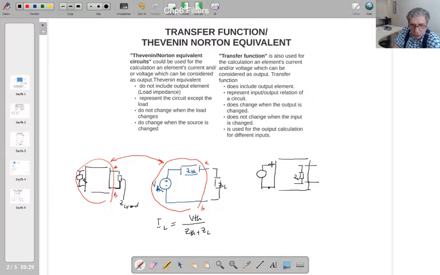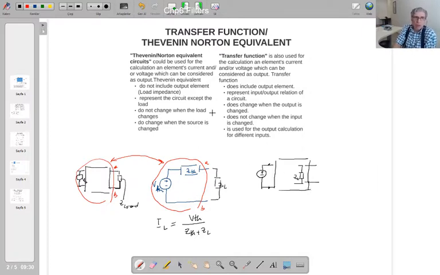Once you do the transfer function, by multiplying the transfer function with this independent source, you can find the output. So that's the difference between the Thevenin equivalent and the transfer function for the calculation of one of the elements within a circuit, isn't it? In the Thevenin case we moved that load out of the circuit. In here, we kept that load within the circuit. While this load is inside the circuit, I define the transfer function, find this transfer function and then do the analysis.